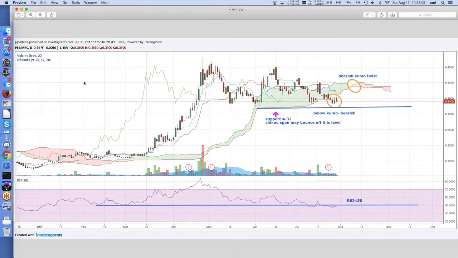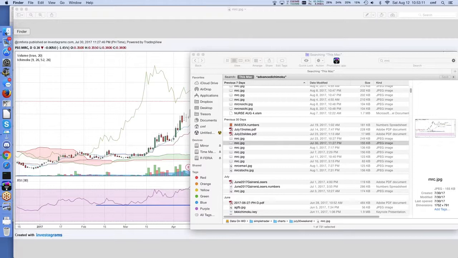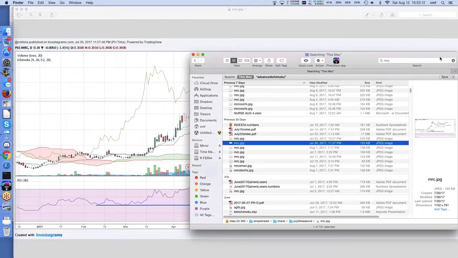So I'm showing you this because I'd like to show you the Alco chart as well. I compared this to the Alco chart as well. It looked the same.